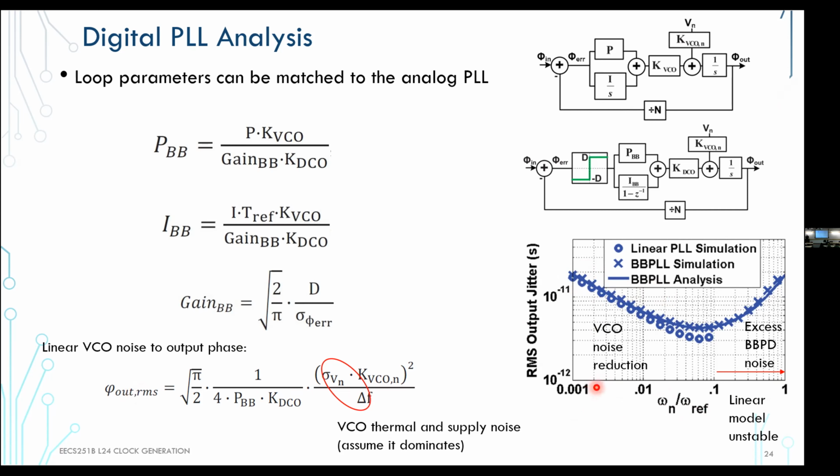As you increase the bandwidth, the loop tracks the phase noise of the VCO, so the overall jitter is reduced. But as the loop bandwidth increases, we capture more of the quantization error at the bang-bang detector.